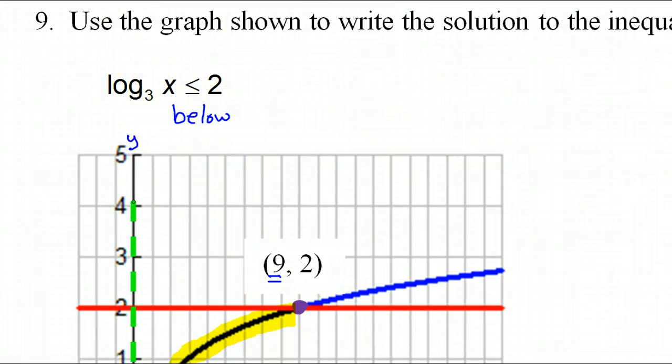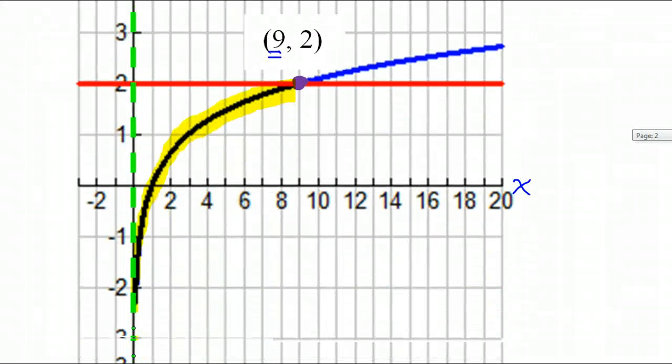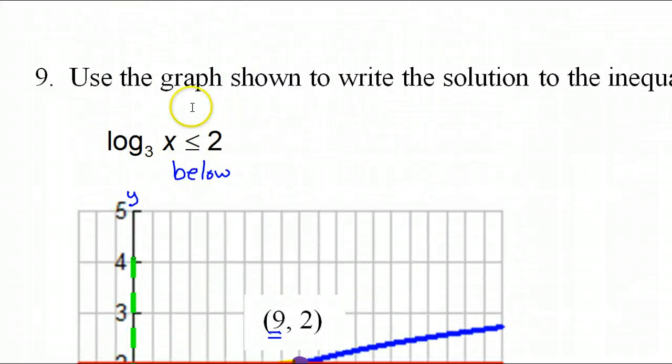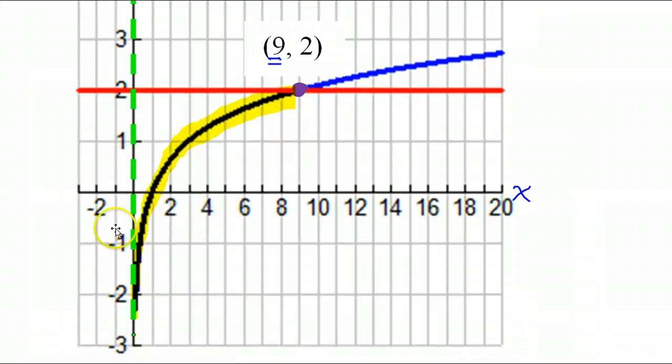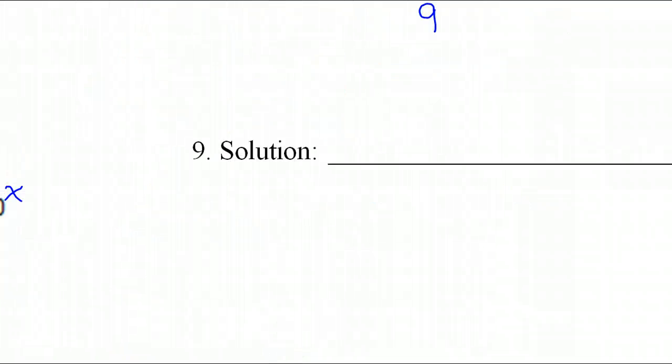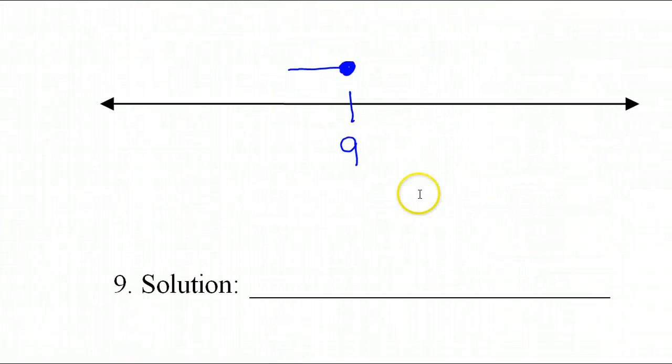Logarithmic functions have a vertical asymptote, and when there's no shifting happening, nothing being added or subtracted, that asymptote is right here at 0. That's why it's curving and swerving and not crossing this line. So this will not go all the way to negative infinity. It's going to stop here at 0. So you must reflect that in your graph.